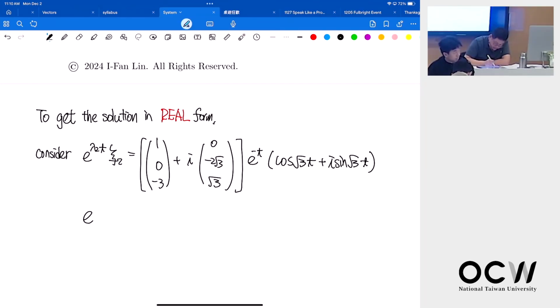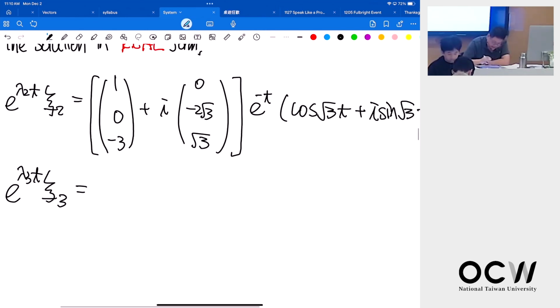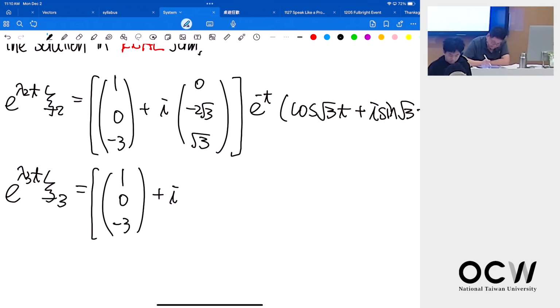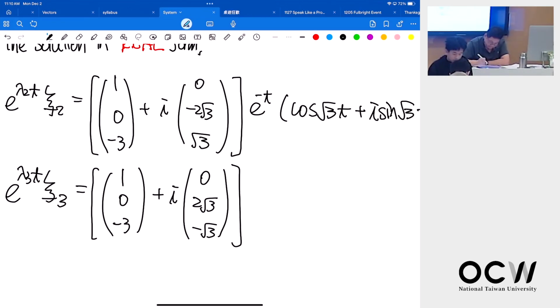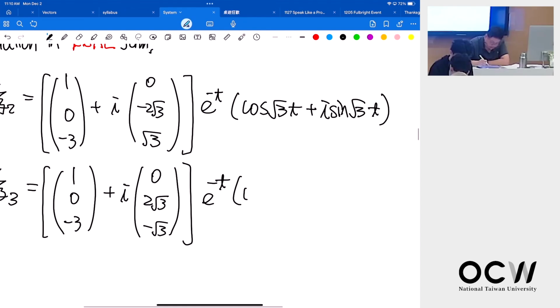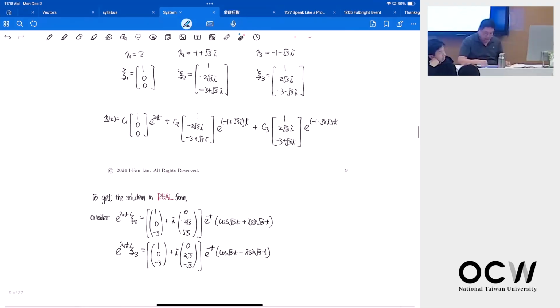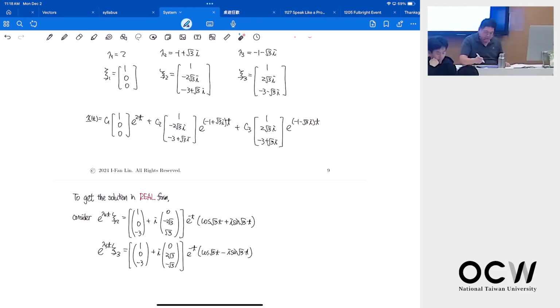Similarly, for the third eigenvector, doing the same thing: e^(-t), here cosine square root of 3t minus i sine square root of 3t. So now this is a complex form.